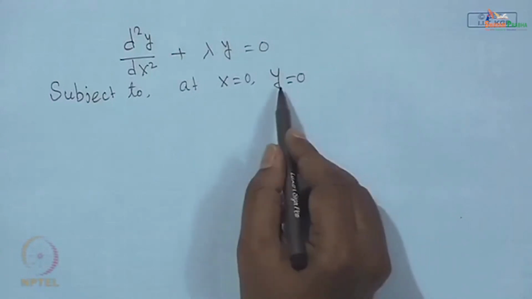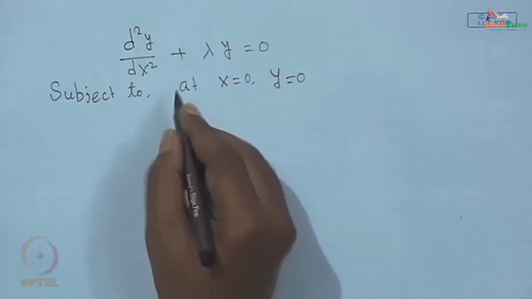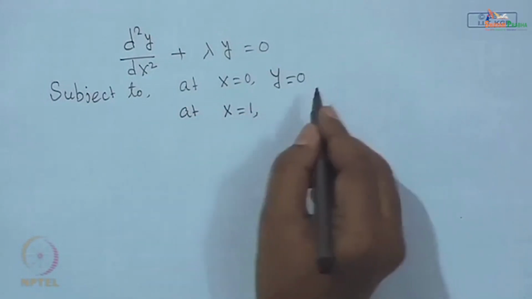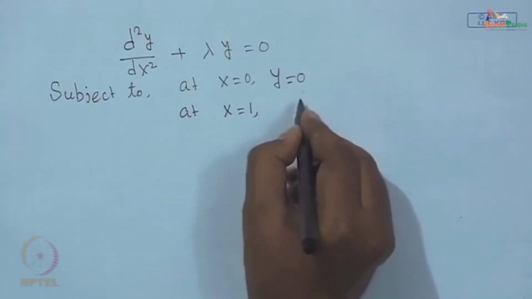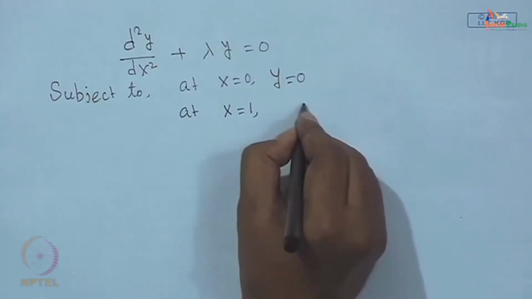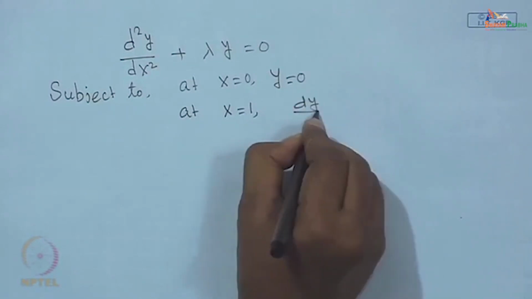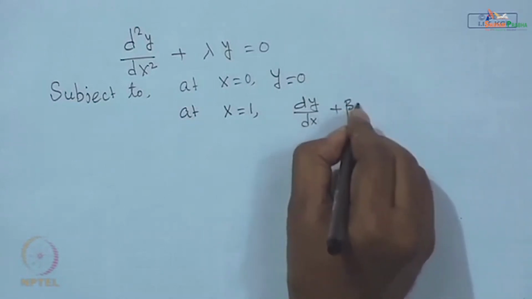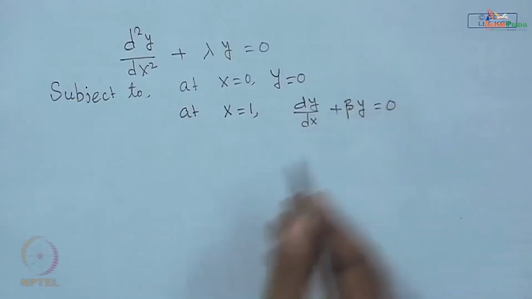We keep the Dirichlet boundary condition here as it is, we change the other boundary condition at x is equal to 1, we use a Robin mixed boundary condition. So, that will be dy dx plus beta y is equal to 0.